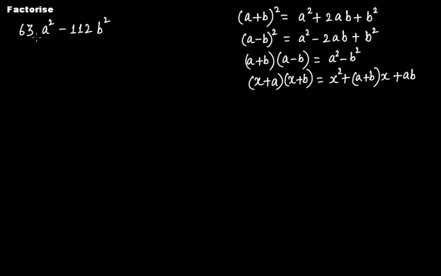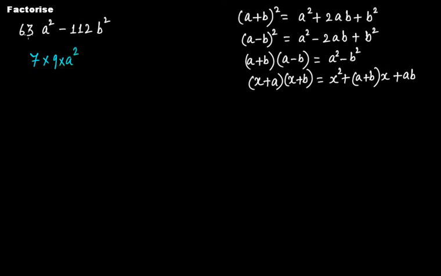Here you have 63a squared minus 112b squared. Now here is one thing: again it should remind you of this algebraic identity, but you have to take out one common factor. Only after that you can use this identity. How? This is 63a squared, which can be written as 7 times 9 multiplied by a squared.